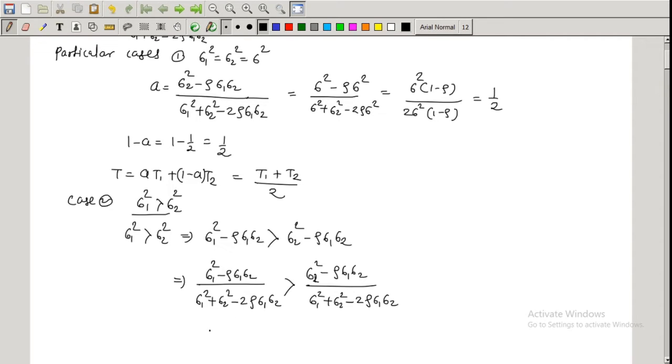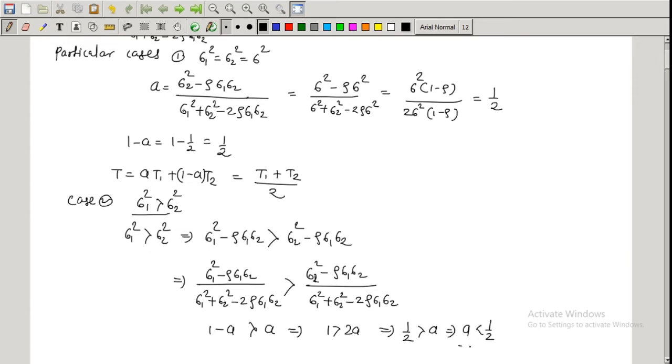But you know what this is: this is my 1 minus A, and this is my A. So if I take A to this side, 1 is greater than twice A. So this implies 1 by 2 is greater than A, or A is less than 1 by 2.